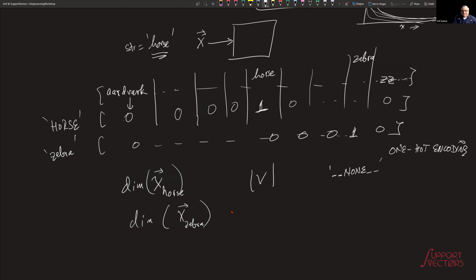You can keep a special token reserved for a word that you haven't encountered. But you can keep a vocabulary like this, and now you're creating these vectors. The trouble with this is these are very huge vectors. Amongst other things, it's going to slow down the computation, right?